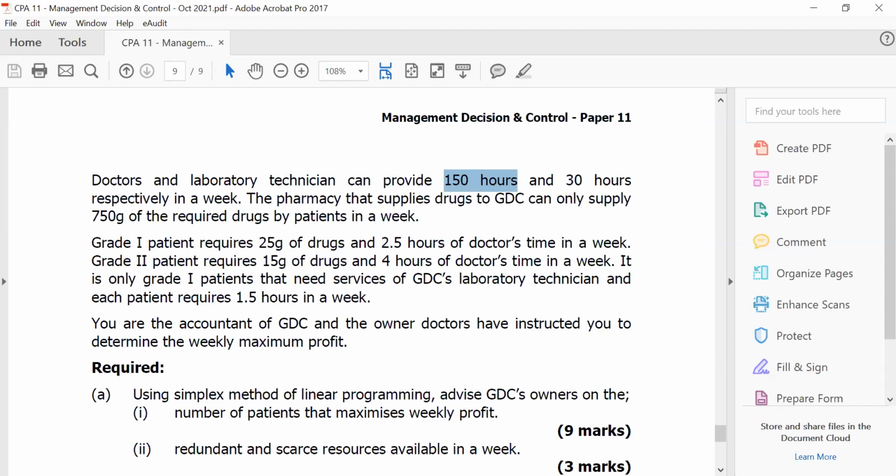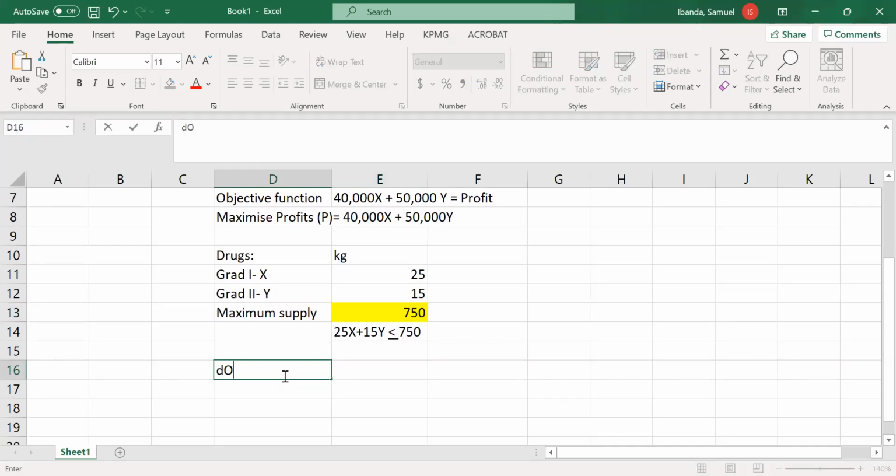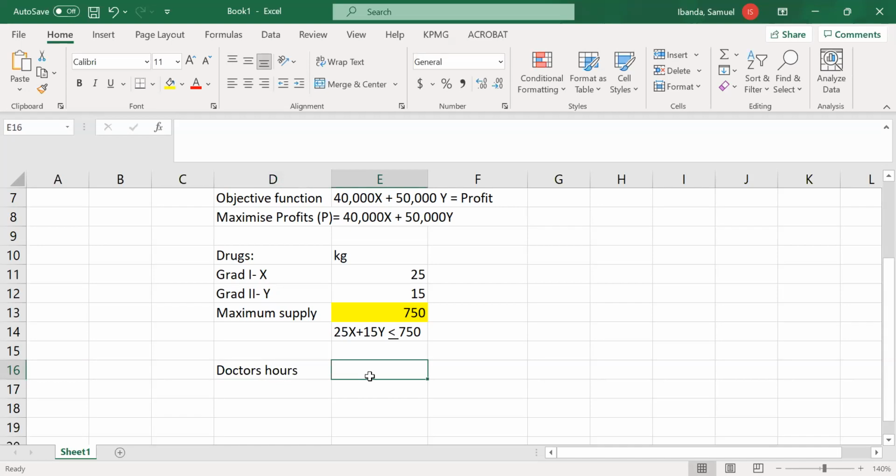Let's first look at the doctor and then come back to our technician. So this is for the doctor's hours. For the doctor's hours, just note this: grade 1, grade 2.